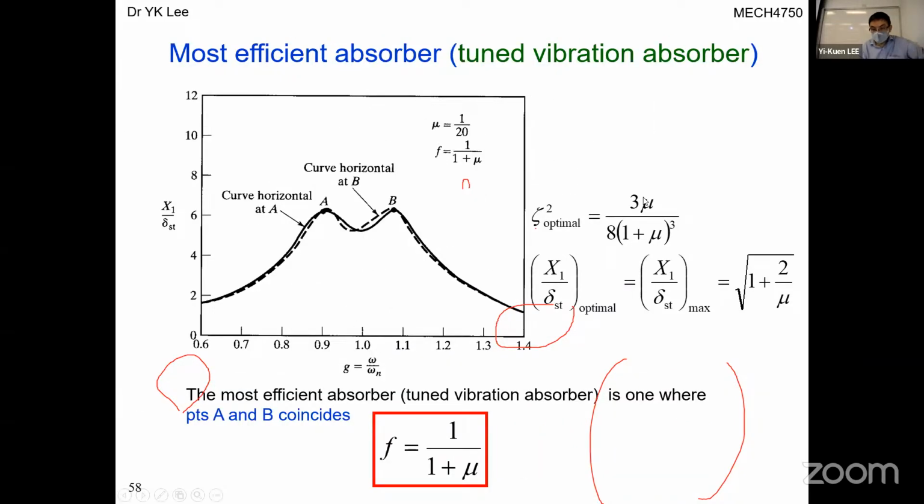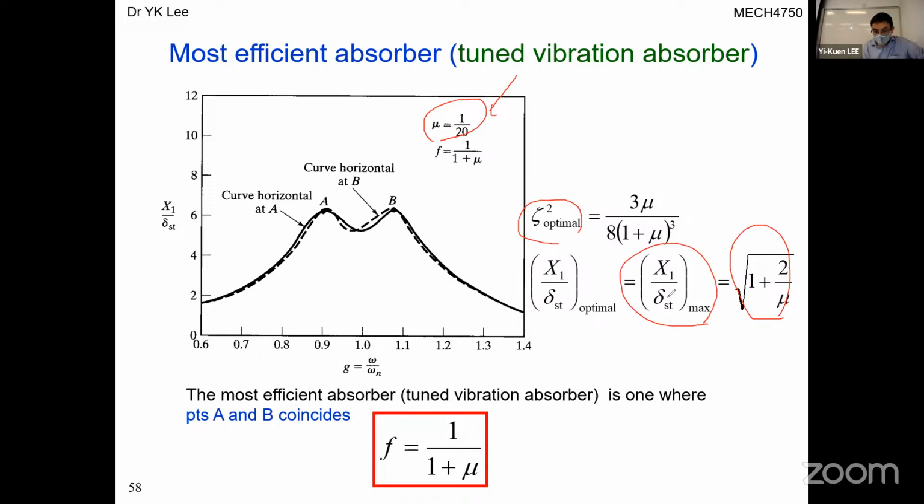If you want to use this design, they already show you. If you specify the initial mass ratio, once you have this assumption about mass ratio, we can determine the optimized damping ratio, and at the same time the maximum normalized amplitude of the original mass, like type 101.